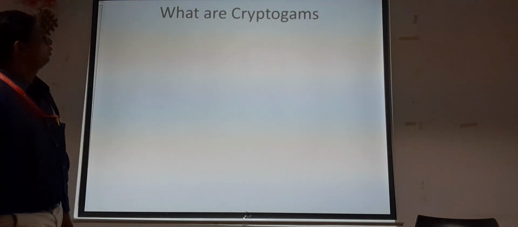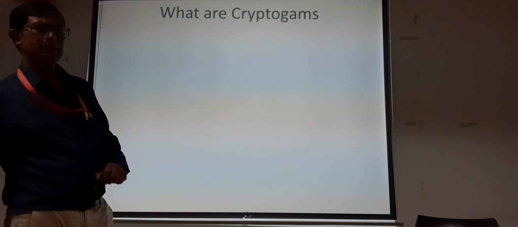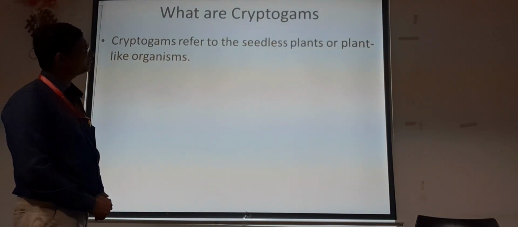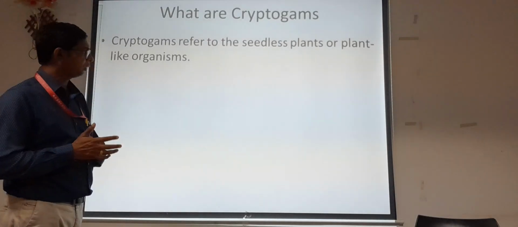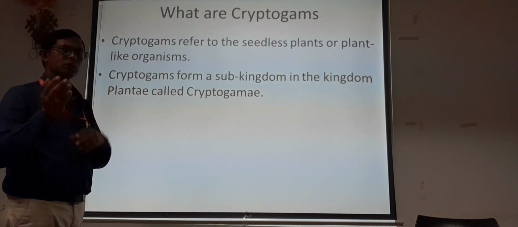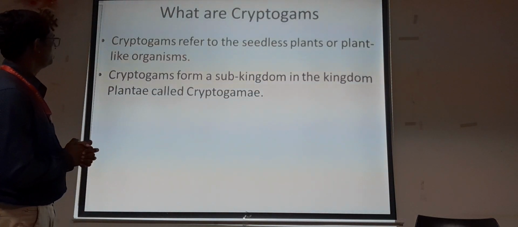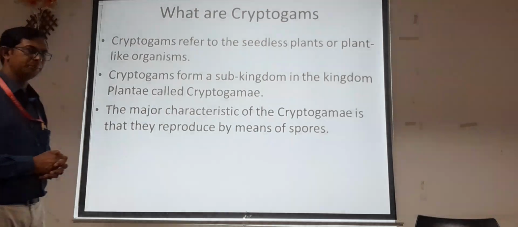Now the question is, what are cryptogams? Cryptogams refer to seedless plants or plant-like organisms. Plant-like organism means they are plants that are not that much developed. Cryptogams form a subkingdom in the kingdom Plantae called cryptogamy.